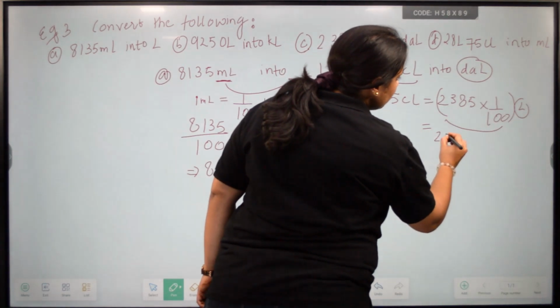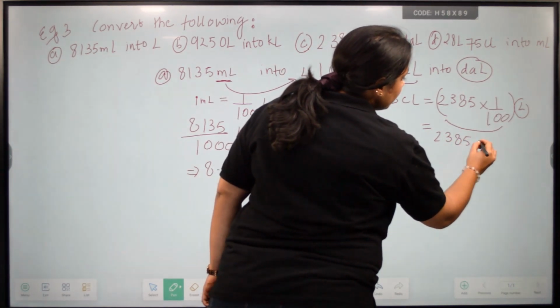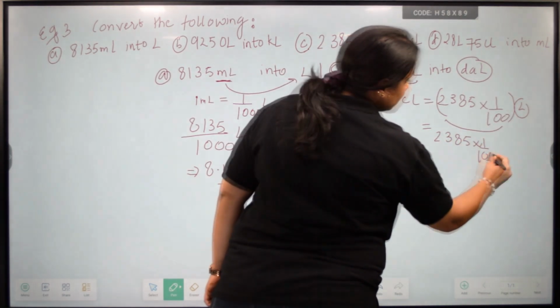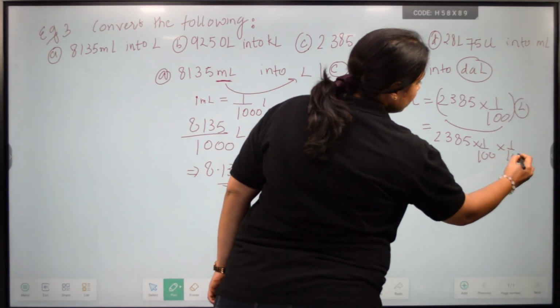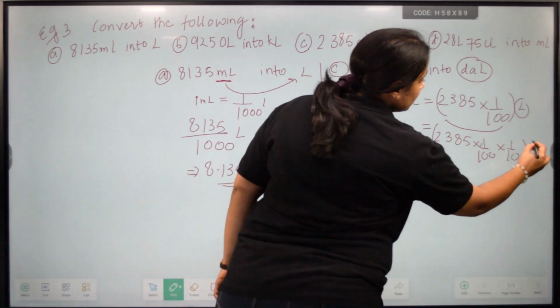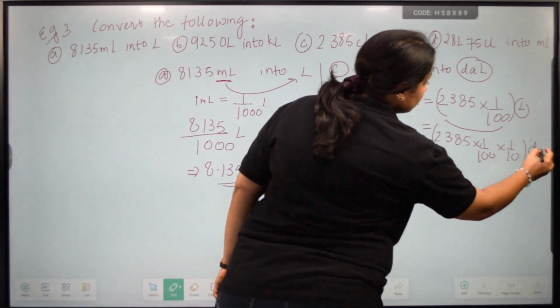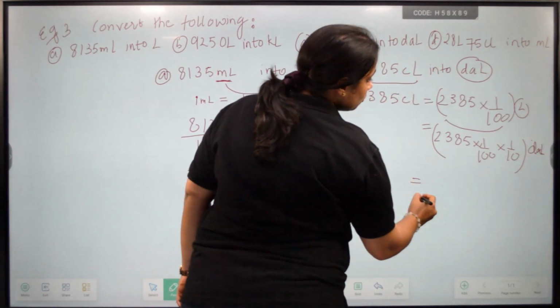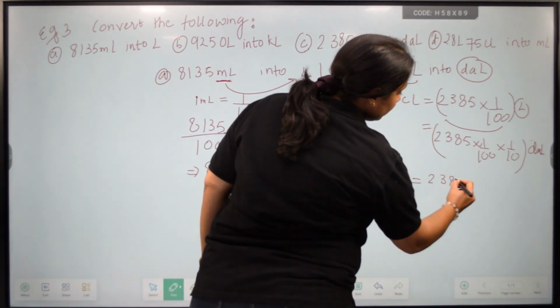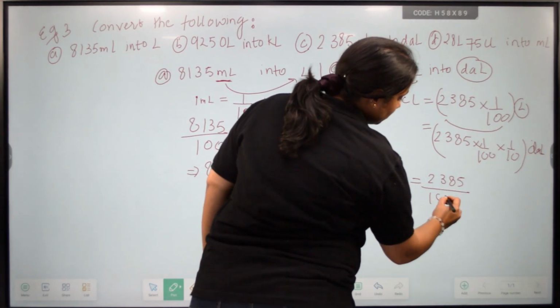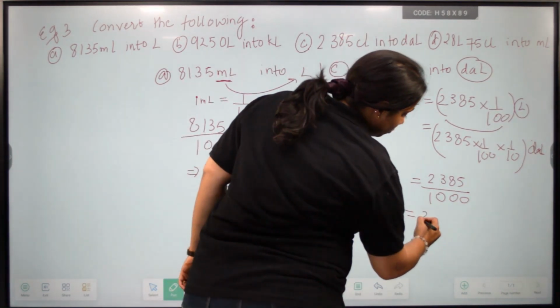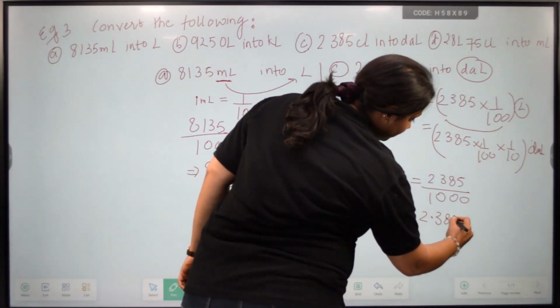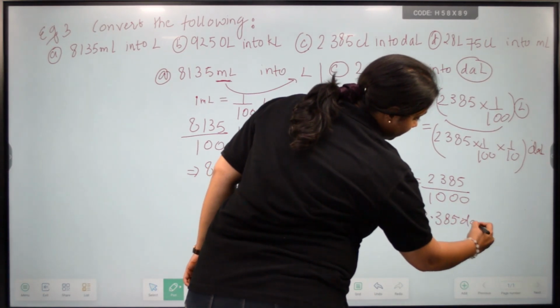It will be done like 2385 into 1 upon 100 into 1 upon 10, and now it has become decaliter. So the answer will be 2385 upon 1000. So it will be 2.385 decaliters.